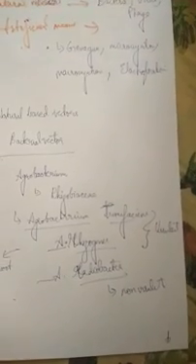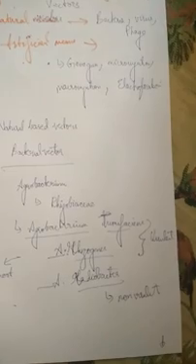Agrobacterium tumefaciens is responsible for inducing tumors, whereas Agrobacterium rhizogenes is responsible for inducing hairy roots, profuse root growth. How does this bacteria enter? It enters through wounds. When a plant has a wound, it enters through those wounds, and thus it gains access to the plant genome.